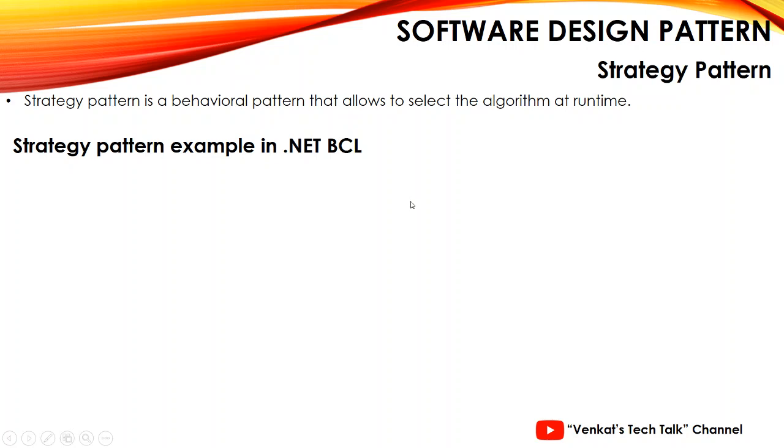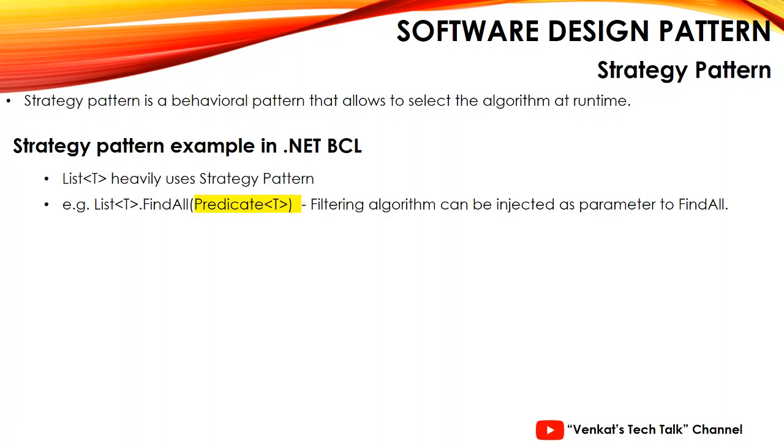It will be very clear if we look at an example. The List class in the .NET base class library heavily uses this pattern. Hope you have come across LINQ methods like FindAll, Where, FindFirst, FindLast, and many other find-related methods. If you are familiar with the List class, this works on any type of list object, a generic type.